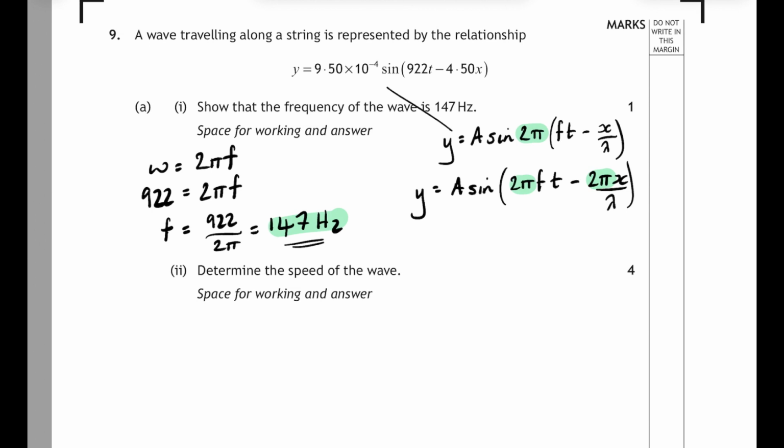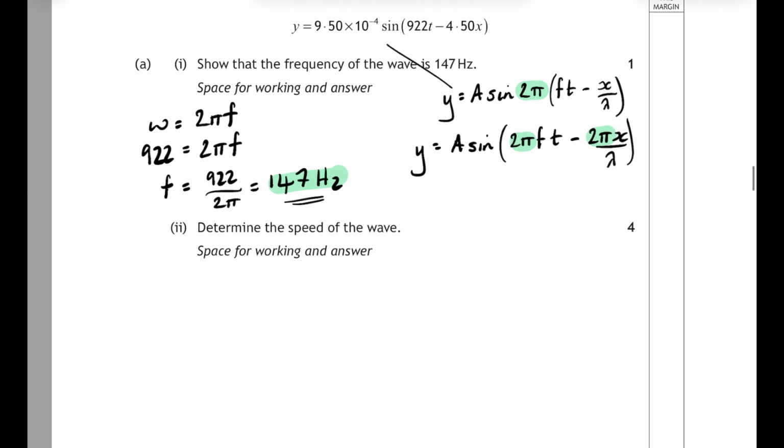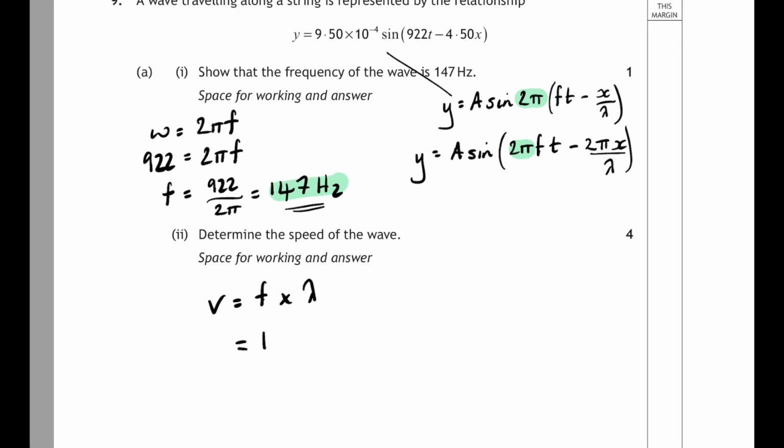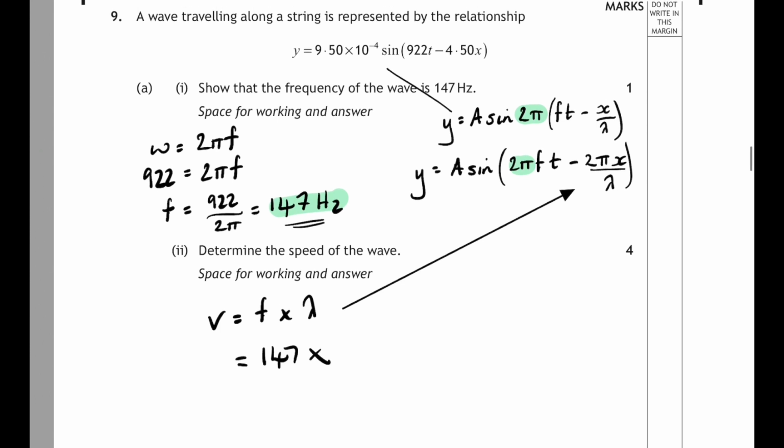Okay, part 2: determine the speed of the wave. Well, this looks like v = fλ here. It's a 4 mark question, so we'll probably get something a wee bit extra to do as well. But let's start off with v = fλ. We know what f is, it's 147, and λ we can get from the right hand side of this relationship. The 2π/λ must be equal to 4.5.